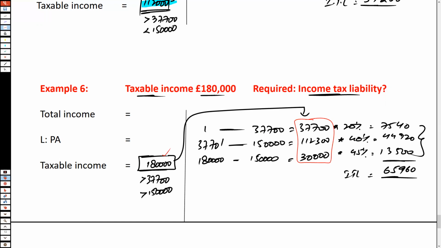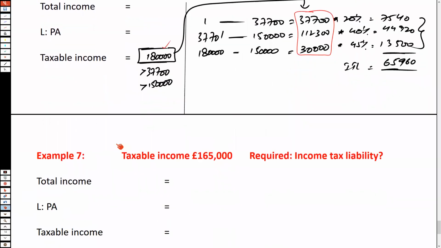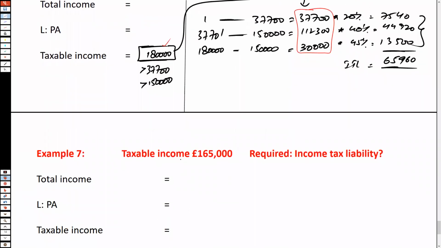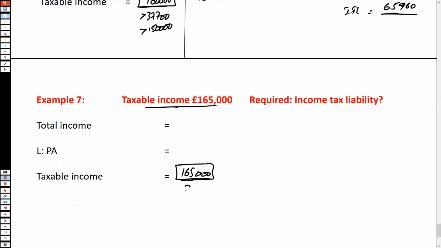Hopefully now you are getting the idea of how to use the band limits and how to apply the tax rates. Example 7 is the same as the previous one. The taxable income is given as 165,000. And this taxable income is more than the basic rate band limit of 37,700 and also more than the second band limit of 150,000.